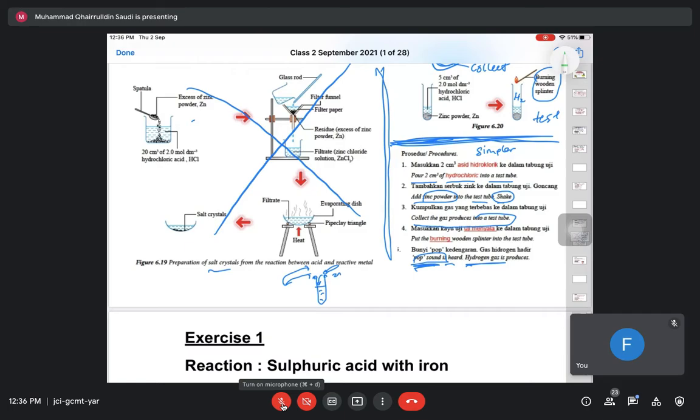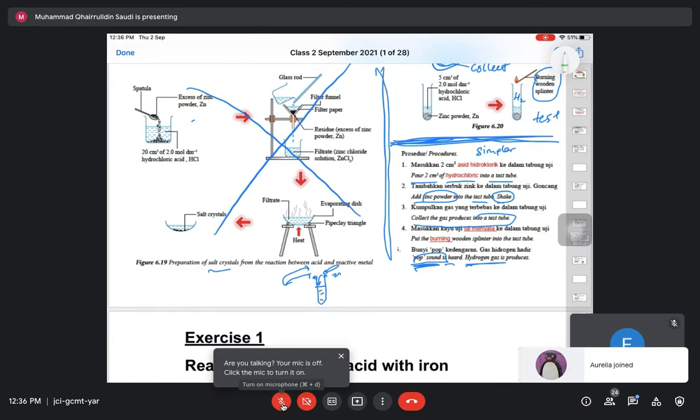Kalau nak tu. Bye-bye. Oh, lain tak nak. Bila cas tak boleh guna Abang? Tak tahu. Boleh pun. Oh, boleh, okay.